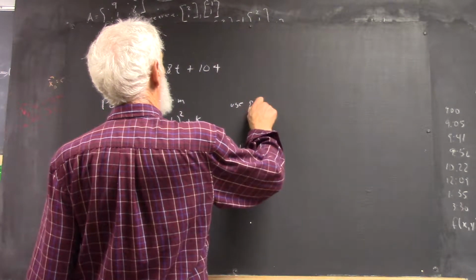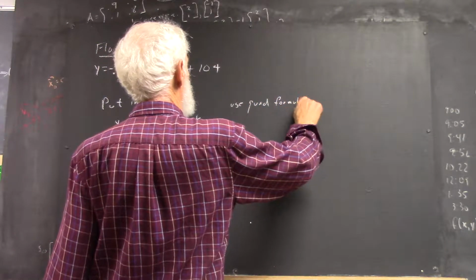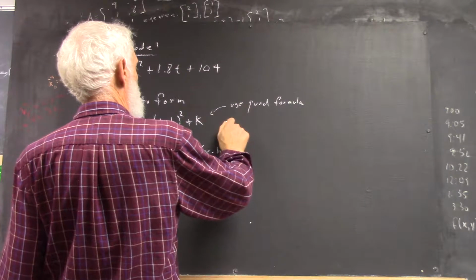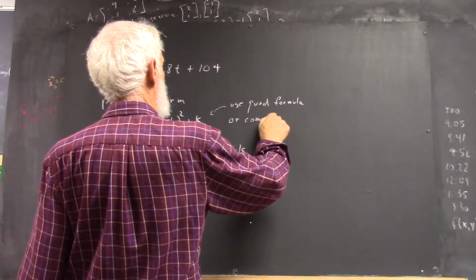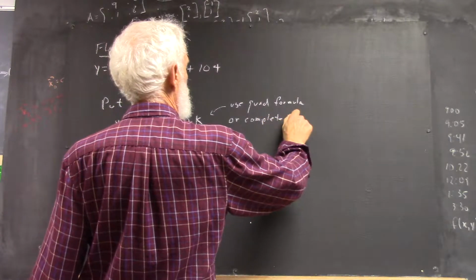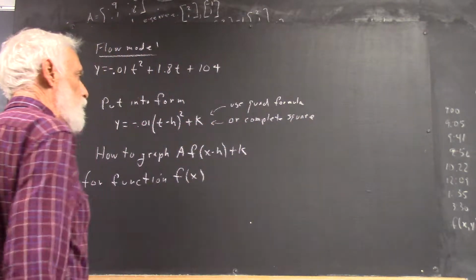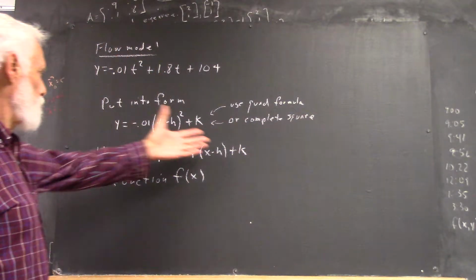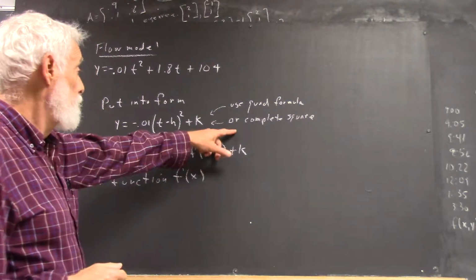The first thing we'll probably do is use the quadratic formula, since it tells you so much, or complete the square, which is something you should know how to do, but people almost never do. And we'll learn to do this.